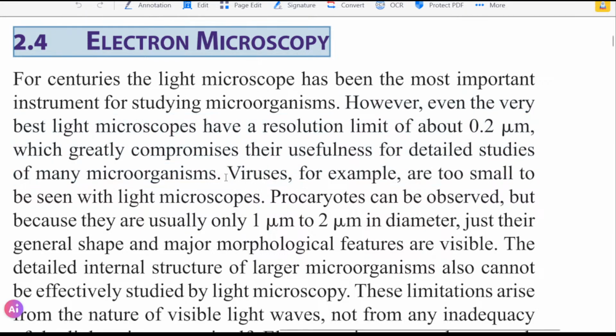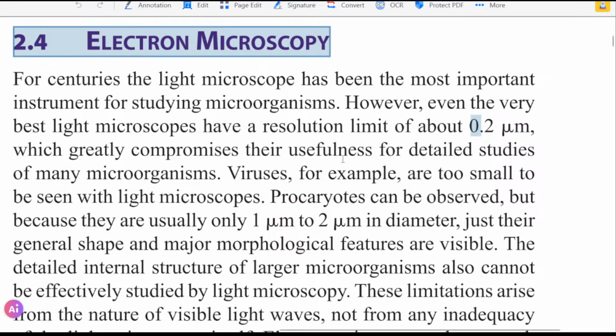Now, we have studied the light microscope, but they are saying the limit of its resolution is 0.2 micrometer. Guys, our eyes can see up to 0.2 millimeter, right? The light microscope takes it further back into the numbers and makes it 0.2 micrometer.